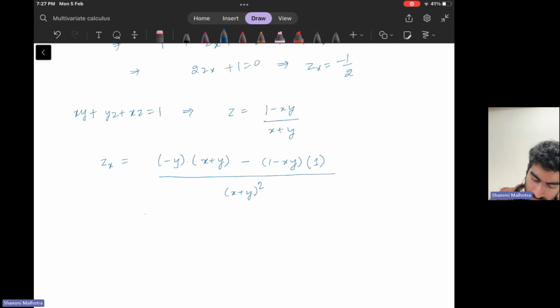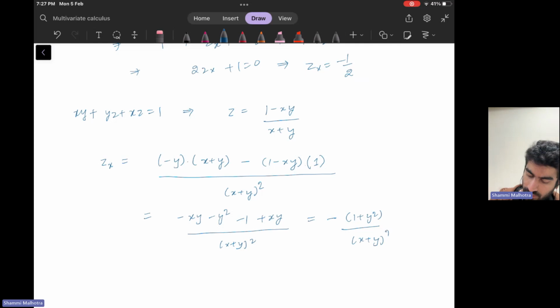So this is minus xy minus y square minus 1 plus xy whole divided by x plus y square. So this is nothing but minus of 1 plus y square whole divided by x plus y square.